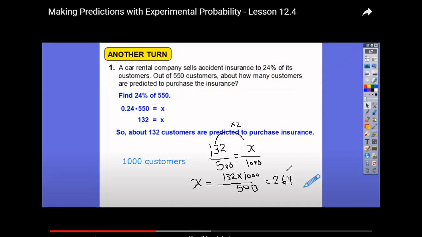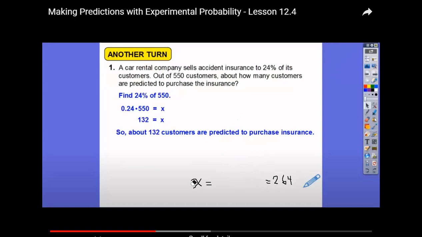So the answer will be 264. Then you have two different ways. We have many ways to find the answer for the same question. So this is how we can use experimental probability to predict. Understood this part? Yes. Okay, Ibrahim, understood?